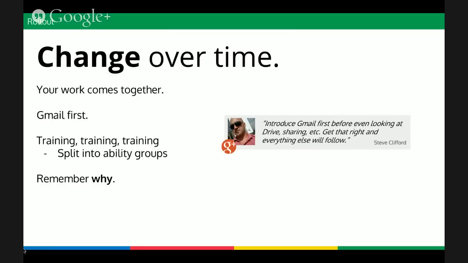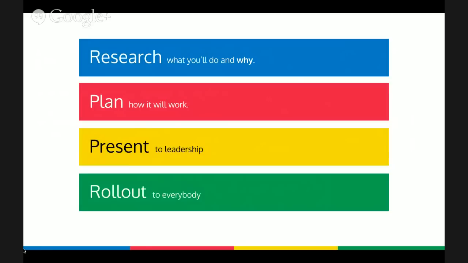So, to quickly recap, the 4 stages. Research what you'll do and why you're going to do it. Plan how it'll work, get it down on paper, do some mind maps. Think about the training schedule. Present to your leadership. Remember, you want to give them that one moment that you remember when you were first shown real-time collaboration in Google Docs.